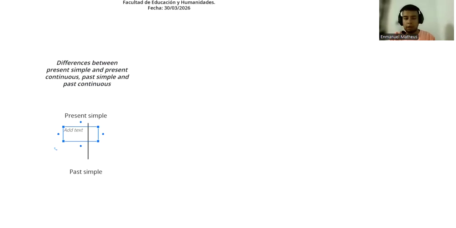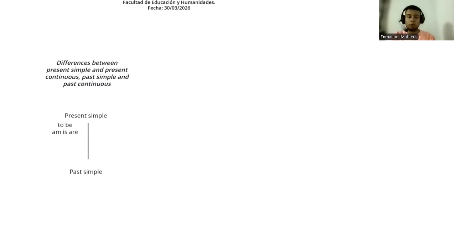For present simple, there are two alternatives. Present simple could be divided between two kinds of exercises. For example, we have the verb to be, like is or are, and we also have present simple without using the verb to be.